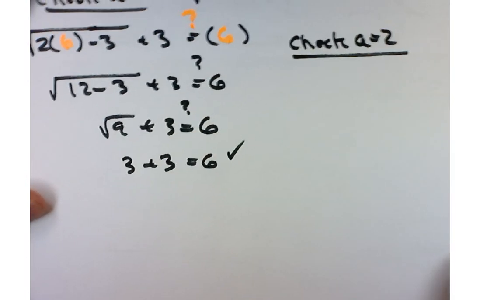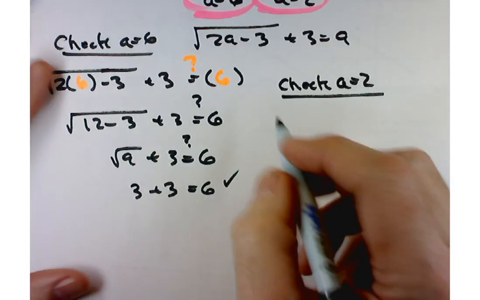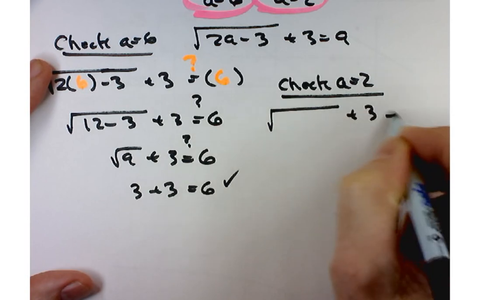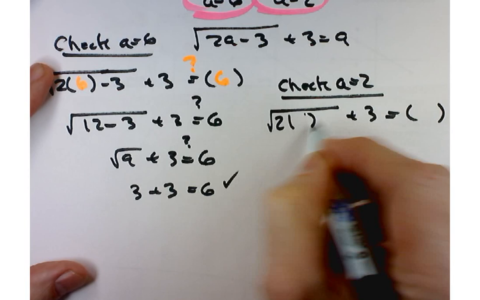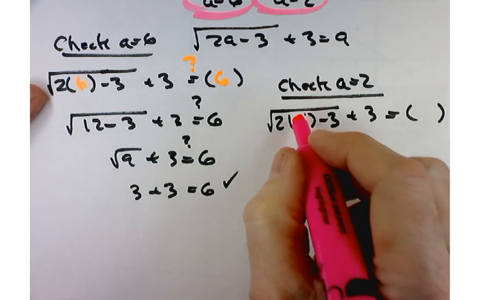So we're going to do the same thing that we did with A equals 6, just plugging in A equal 2. So let's see what happens when I plug in the 2.